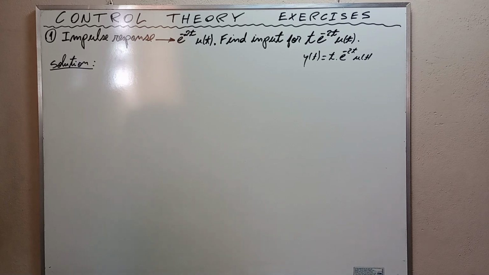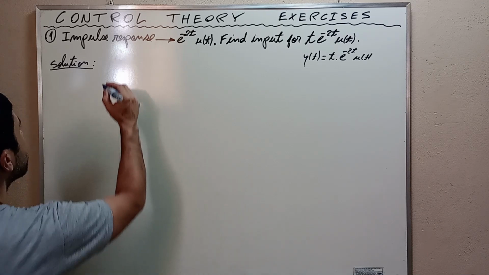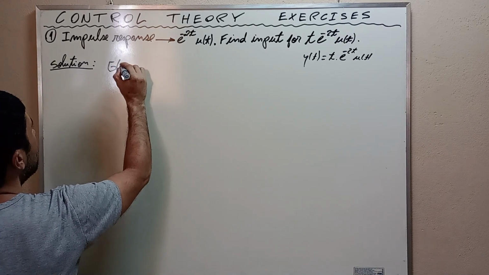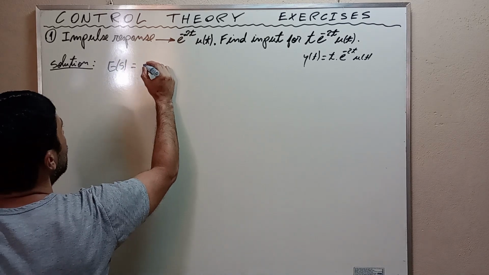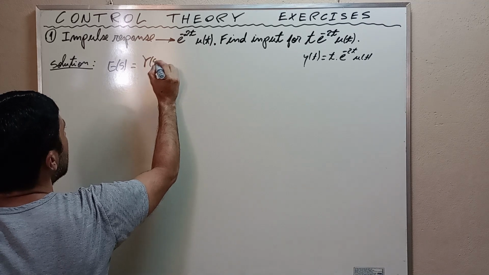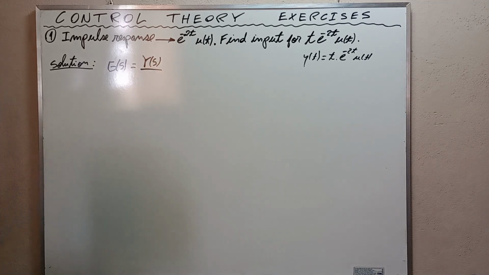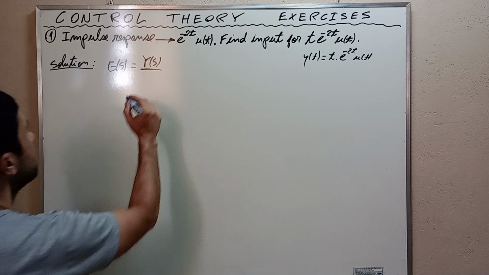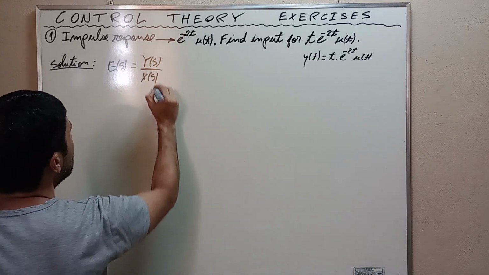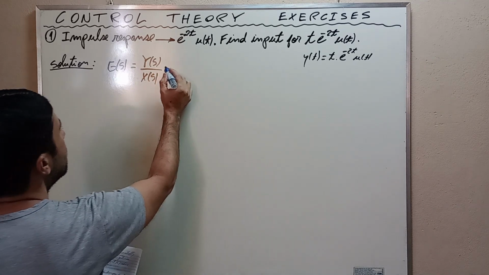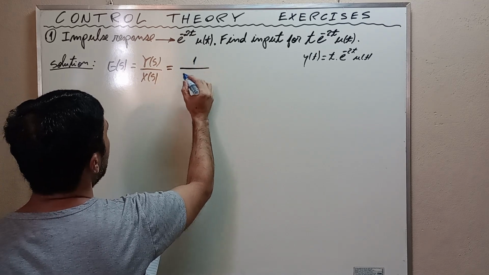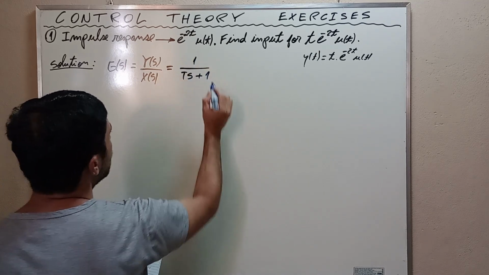Firstly, let's model the transfer function of the system. G of s, the transfer function of the system, is equal to y of s, the output in the frequency domain, divided by the input in the frequency domain. And let's call it 1 over Ts plus 1.